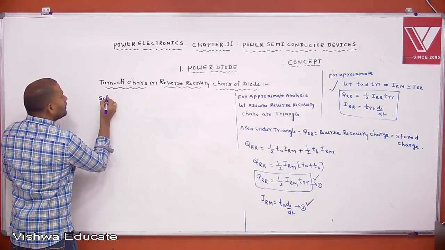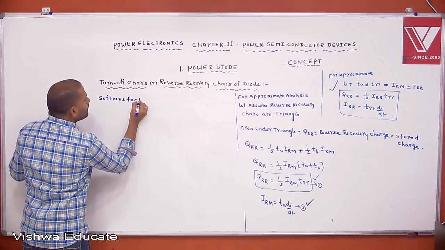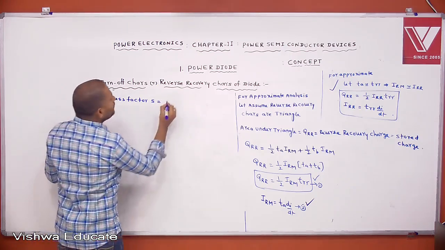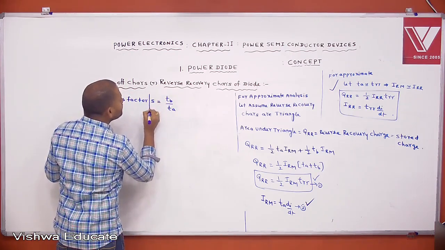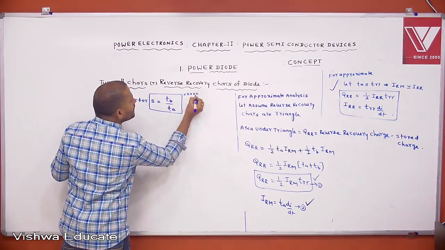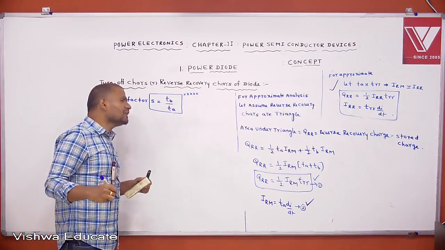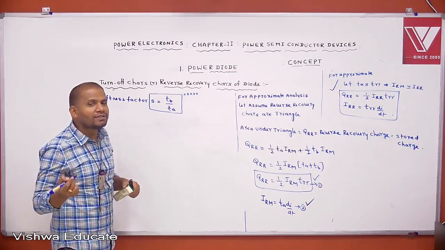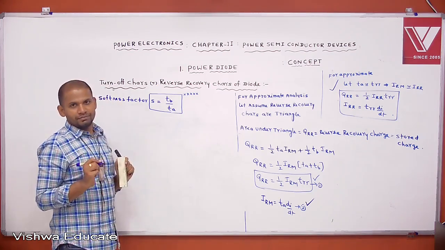Softness factor S equal to TB by TA. The softness factor of a diode is defined as TB by TA, where TB is the time taken to remove the charge carriers in the junction, and TA is the time taken to remove the charge carriers in the layers.